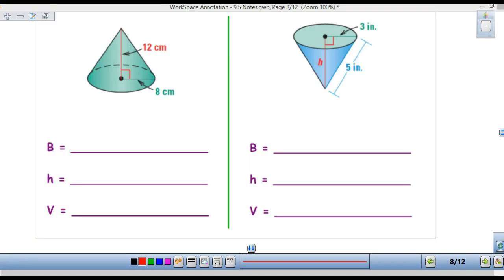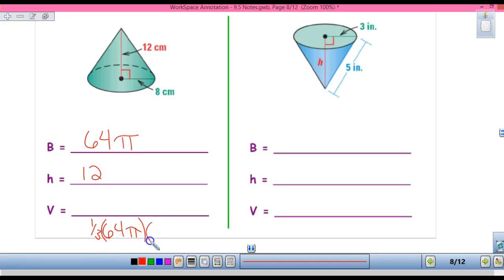All right, what's the area of my base? 64 pi. Do not forget your pi. Okay, what is my height? 12. So this is the same thing. 1/3, so take your 64 times your 12.